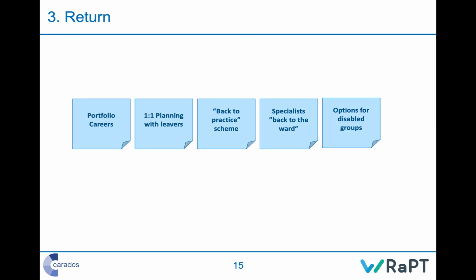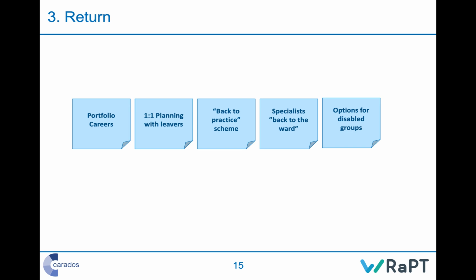Third one is return, which is really about getting people to return to work. So we've let them go. They've left for all sorts of different reasons, or they are leaving. There are a few things to think about. One is options for disabled groups.